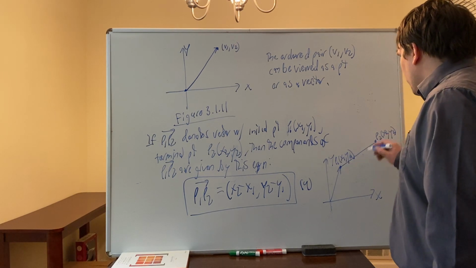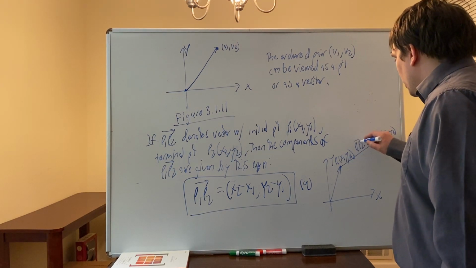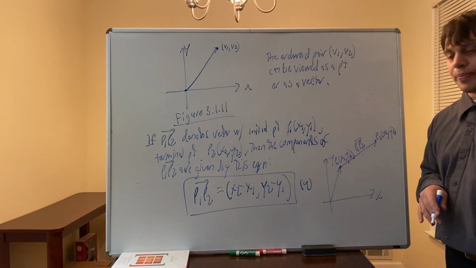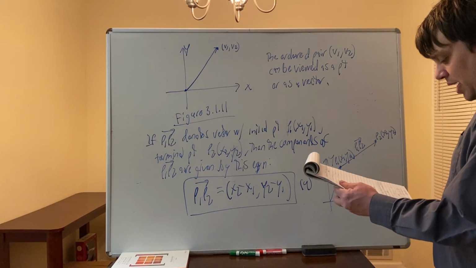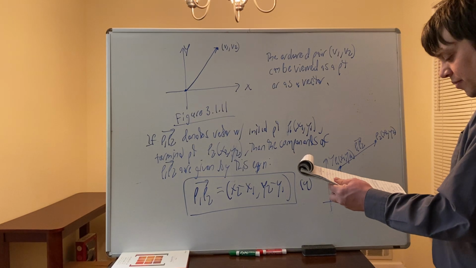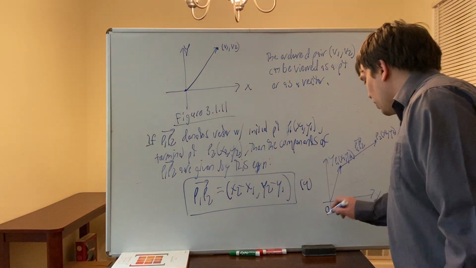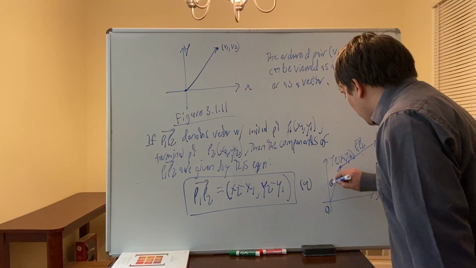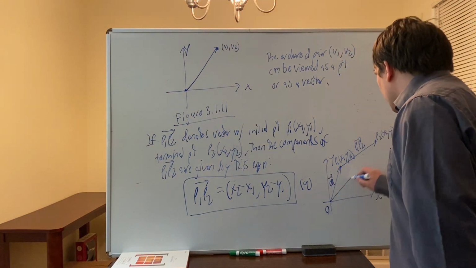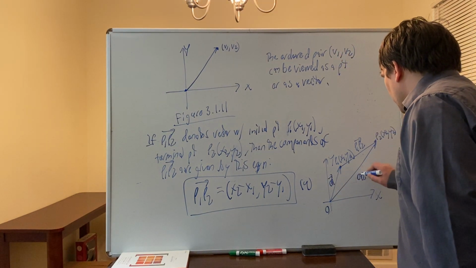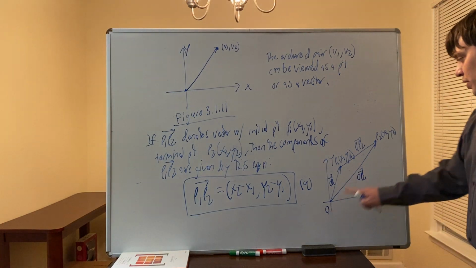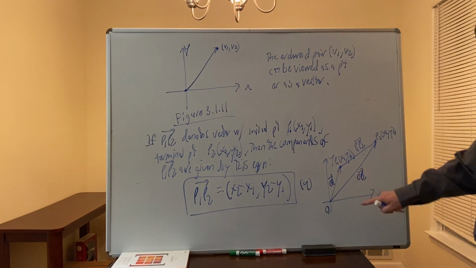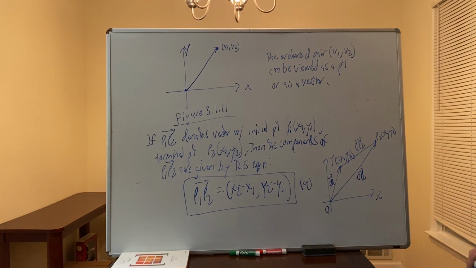Geometrically, you would represent it as a vector that starts at P1 and ends at P2. This is the origin, which is an O, that's not 0, that's an O. So this is OP1, and this is OP2. The vector that starts at the origin and ends at P2 is this. The vector that starts at O and ends at P1 is that. This is P1P2.